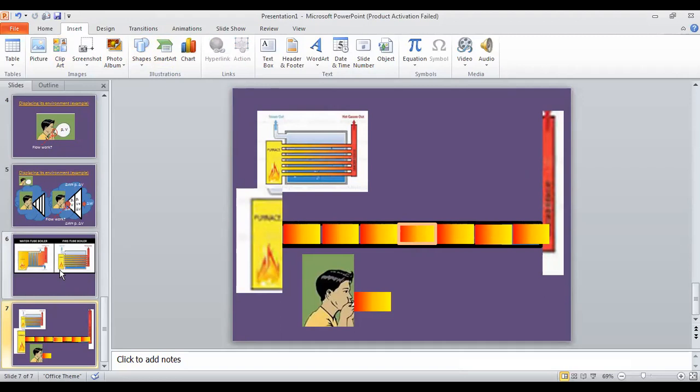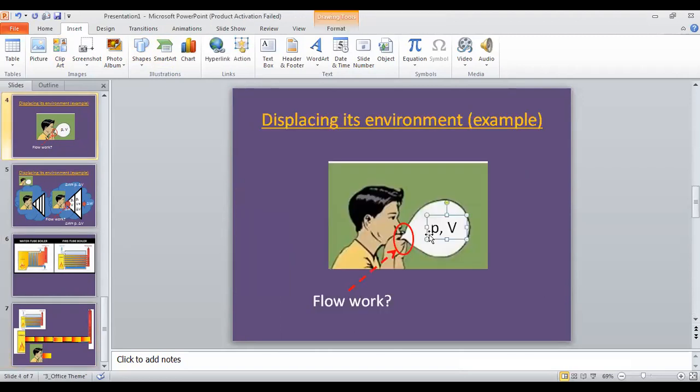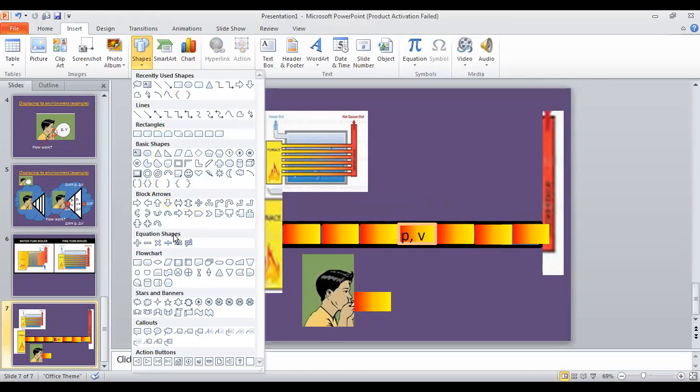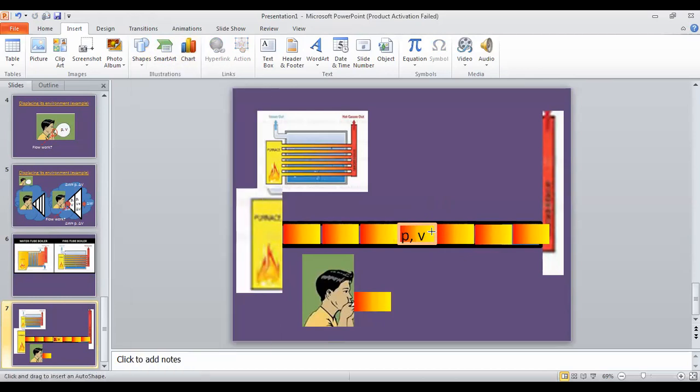So if there is a pressure P and volume V, this should move from here. Of course, from here, this has to move to here to make the flow possible.